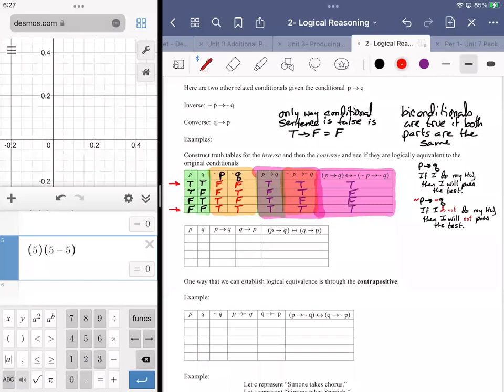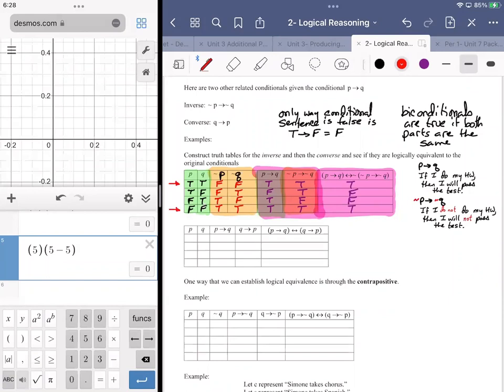So it's a little mind bendy, but basically what it's really getting at is whether your original sentence was true or false, or your original components were true or false. So if it's a lie that I did my homework, then it's okay for it to be a lie that I will pass the test. Right? If it's true that I did my homework, then I would expect to pass the test. So everything would fall into place there. But it's not always guaranteed that you'll have logical equivalence.